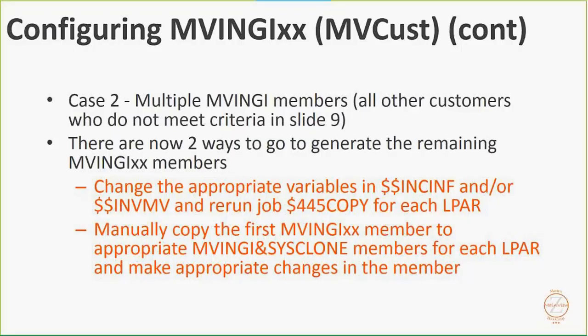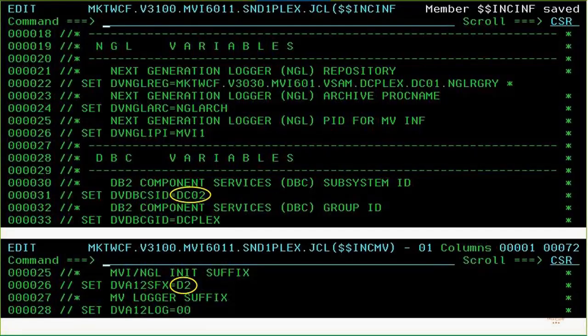All right, continuation. Right, there are now two ways to go. Right, one of the things is you can rerun the $445 copy for each LPAR, sort of the same way that we do to create the $DBC members, right? But instead, this will be creating MVI NGI ampersand sysclone members. Or you can copy it and do it yourself, right?